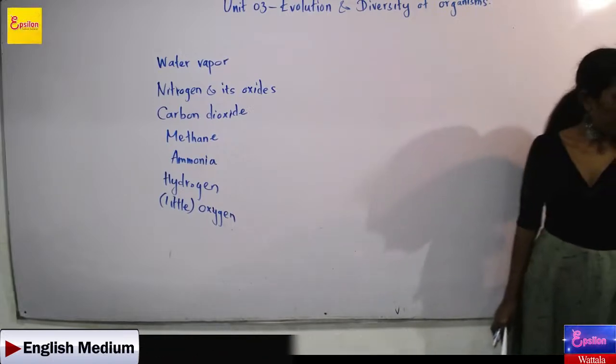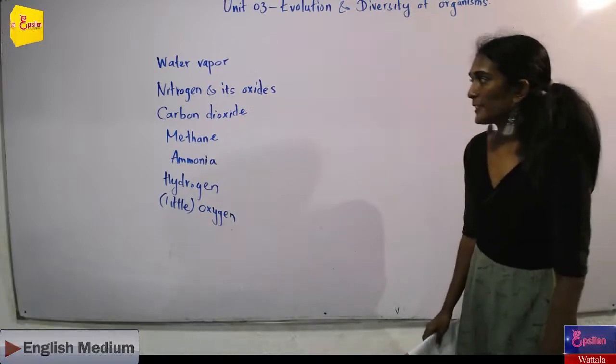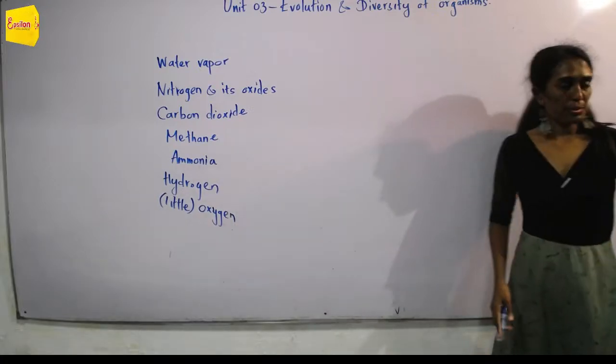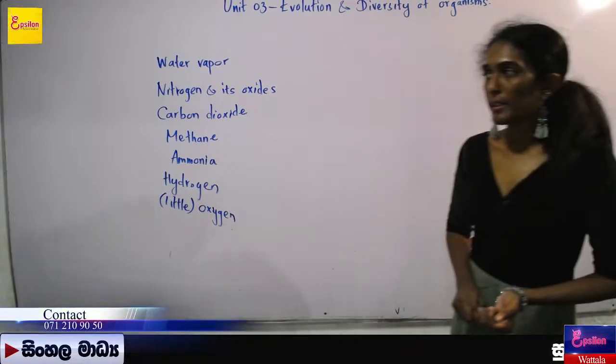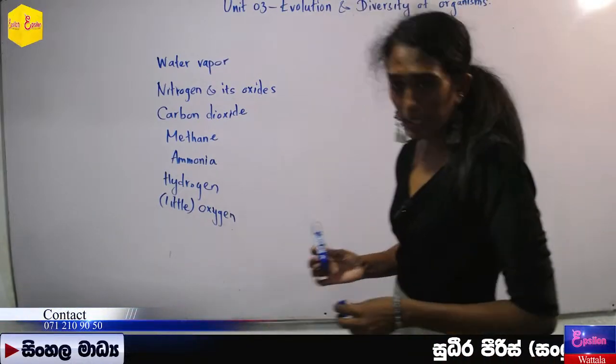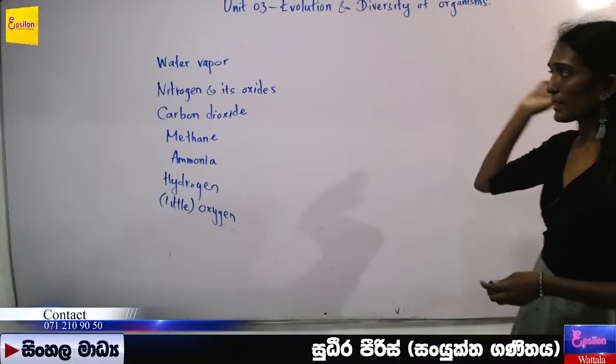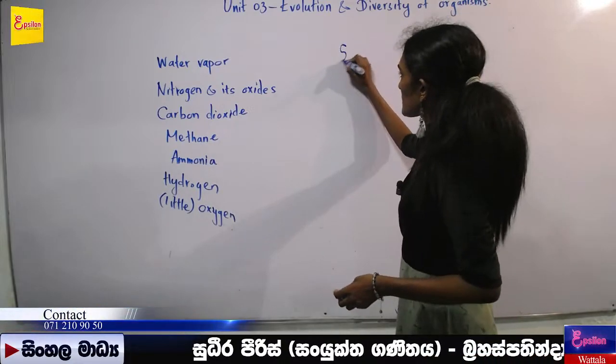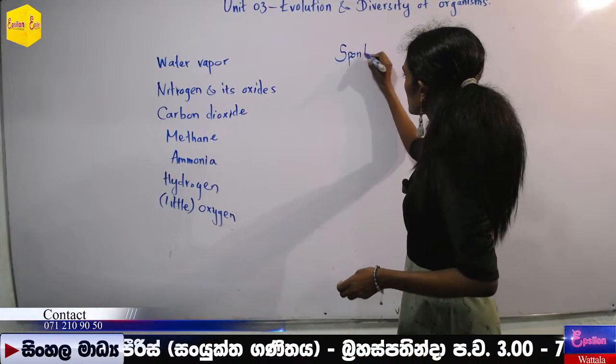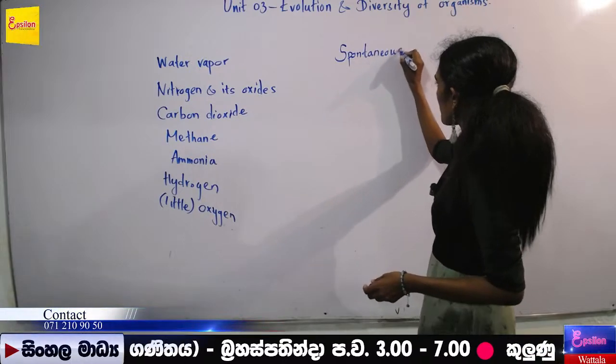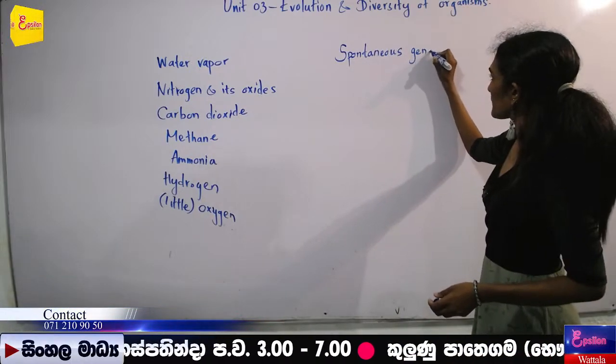Right. Then talking about evolution of life on Earth. Actually, regarding evolution of life on Earth, there are different beliefs, different theories. Some are telling it's spontaneous generation. What's the meaning of that?